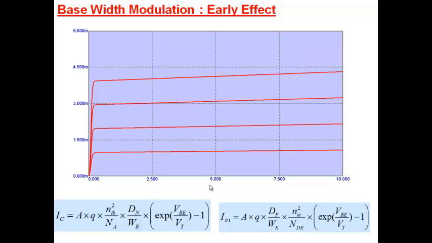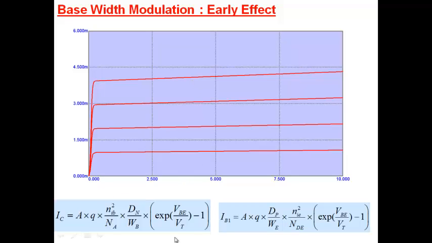These are of course being shown for different values of base current. And what we note here is that the collector current is not a constant with collector voltage. You can clearly see a slope here, so the collector current is increasing with collector voltage, right?